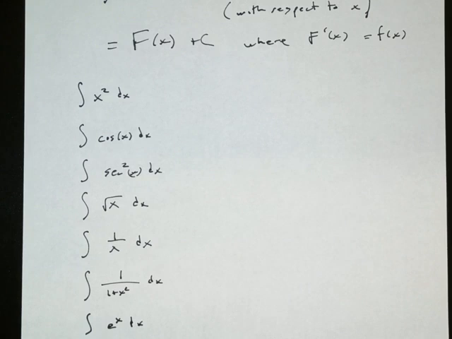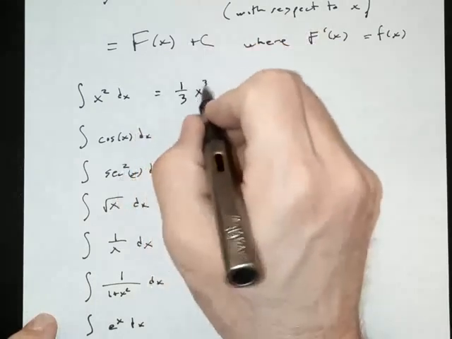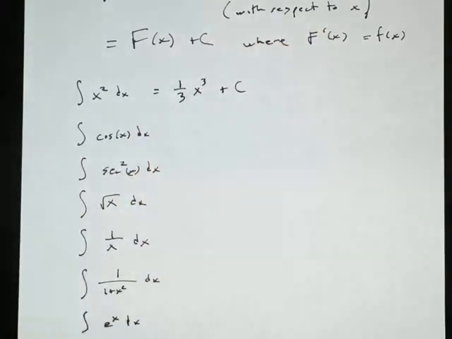So what's the antiderivative of x squared? 1/3 x cubed. But wait, that's important. I must have that plus c on the end here, because we are dealing with the general antiderivative rather than a specific one. The antiderivative of cosine of x.